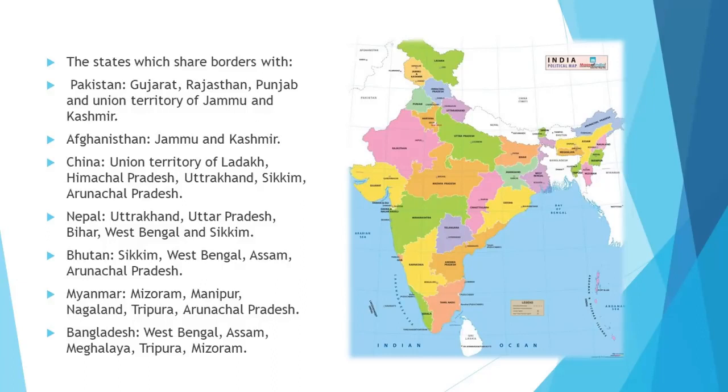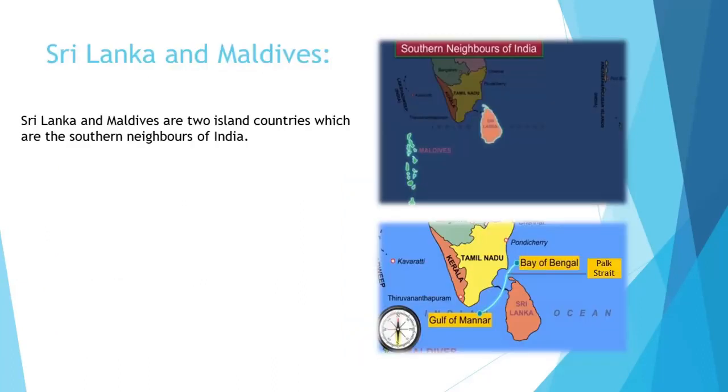So children, you have learnt about all the neighboring countries who share their border with India. But two neighbors who don't share border with Indian territory are the island countries, Sri Lanka and Maldives.